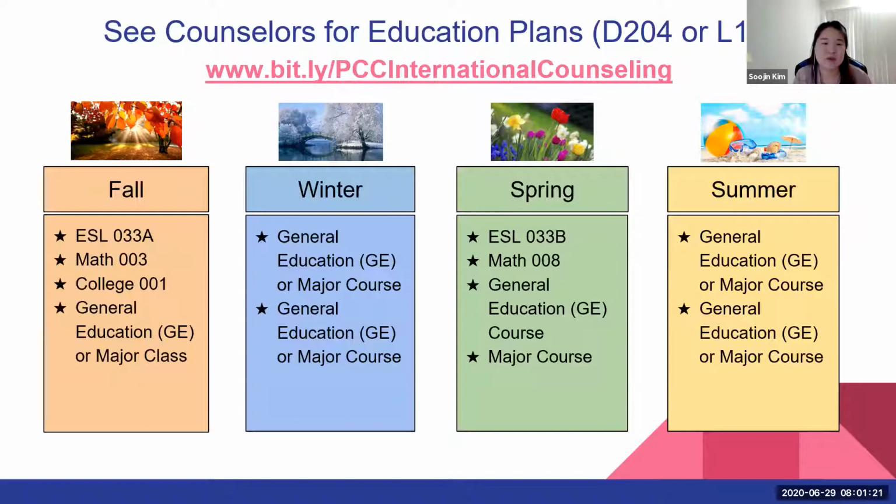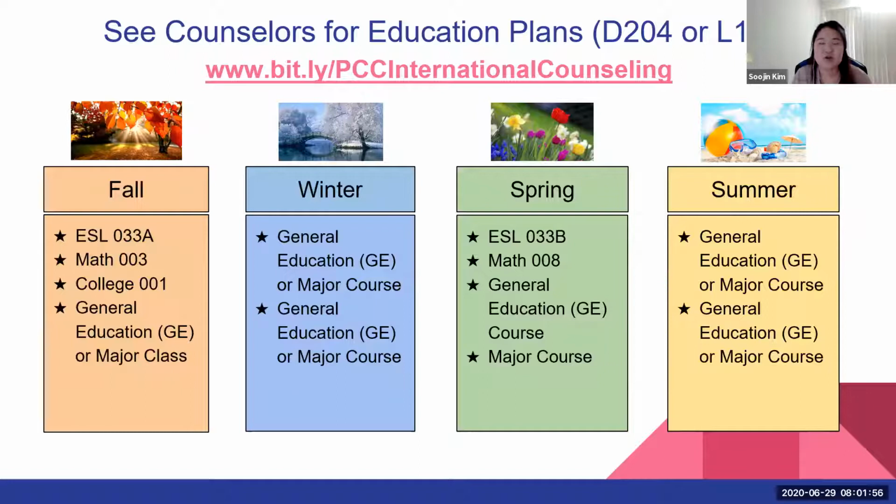We highly recommend, especially if you know for sure what your major is and what schools you want to transfer to, meeting with a counselor to develop a plan. We call this education plans, or ed plan in short. So your ed plan would look something like this, right? In the fall, it's a long semester, so we recommend you take your ESL or English class, your math course, College 1 if you're joining Pathways, as well as your GE or your major class.